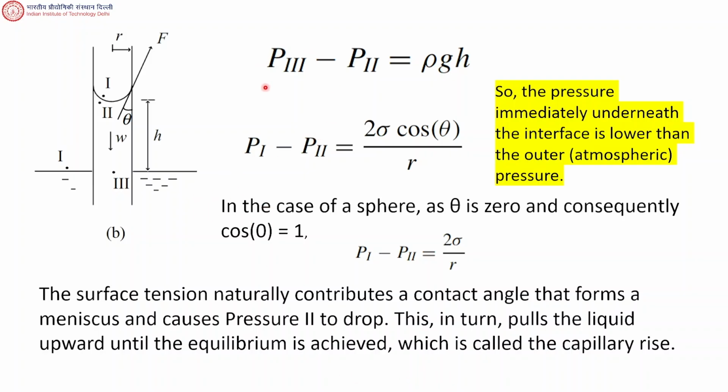We also know that P3 minus P2 is rho g h, correct? This is using this column only, the hydrostatic pressure drop. So if you come here, this is a higher pressure. If you go up, the pressure actually comes down.